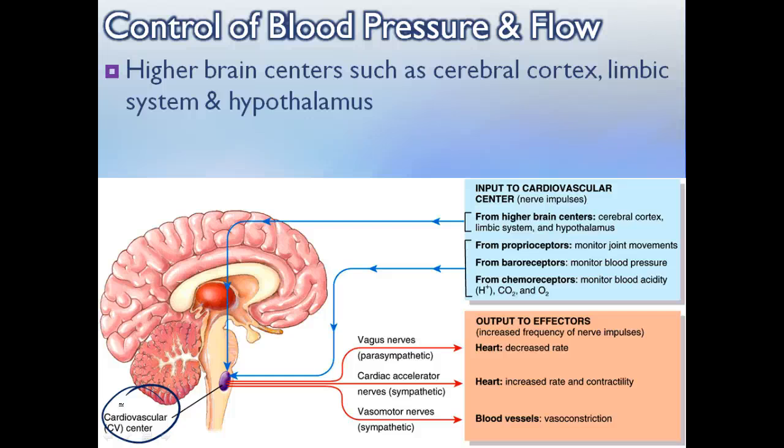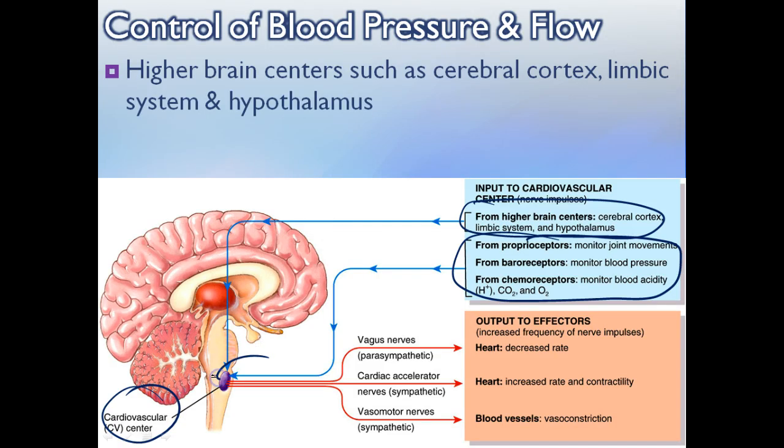Now, like your heart, the cardiovascular center can receive signals from two general areas: from different parts of the brain, including the hypothalamus and higher brain centers, but also from those three main receptors that are spread throughout the body, monitoring the physiological state of your blood vessels and blood pressure.